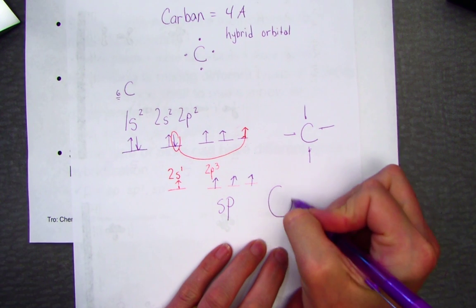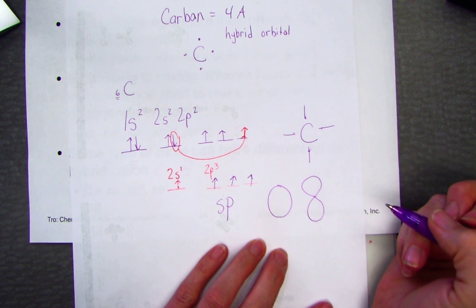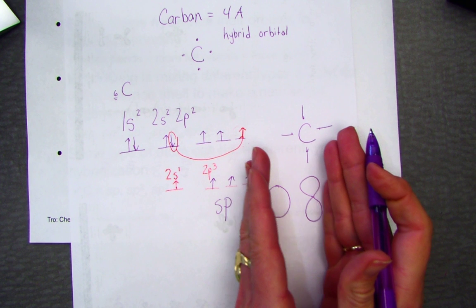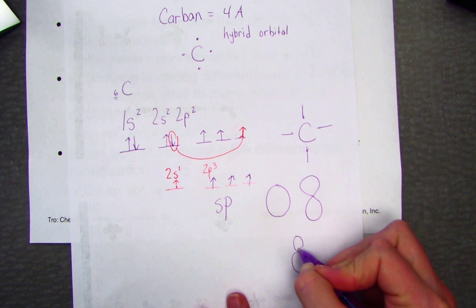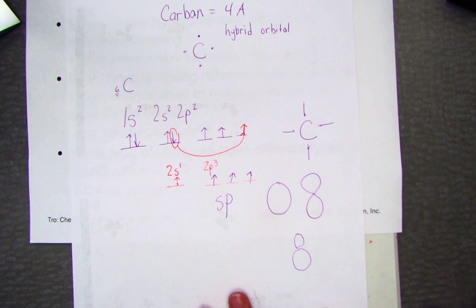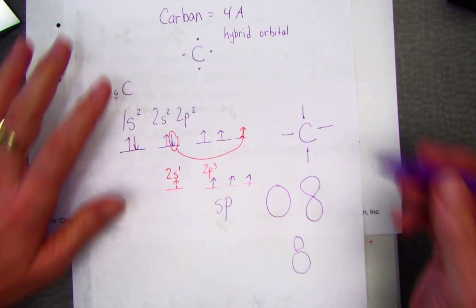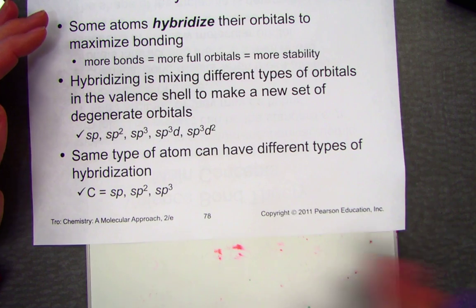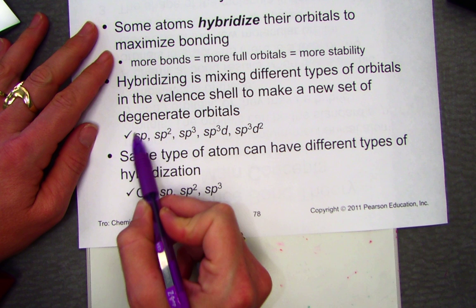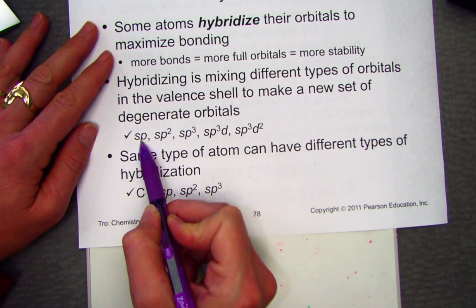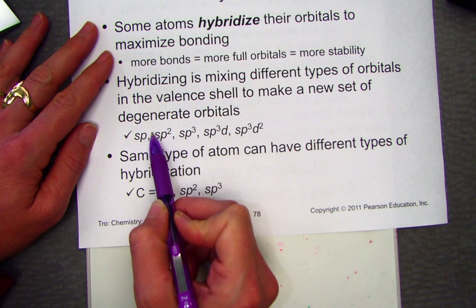If an s is spherical and a p is an hourglass, not bad for my drawing, and I take these 2 pictures and literally combine them into one, I get a combination of an hourglass and a sphere-shaped orbital. Not quite an s, not quite a p, it's between the 2. And that's what the term hybrid means, a combination between the 2 orbitals. We created, with that carbon example, a hybrid orbital known as an sp. It is between an s in energy level and the p in energy level.